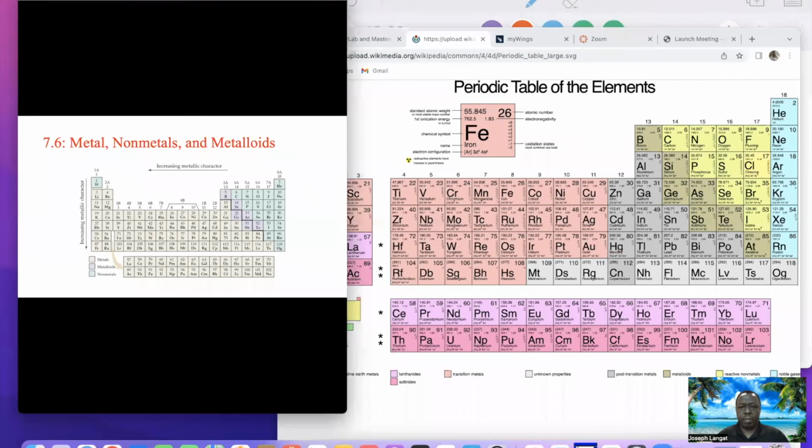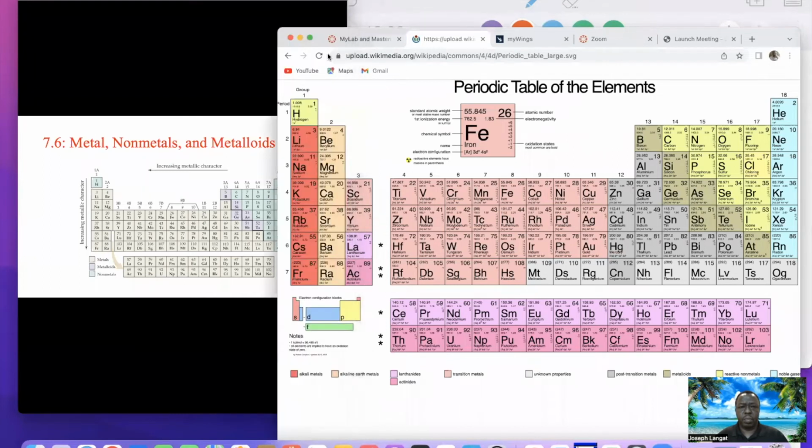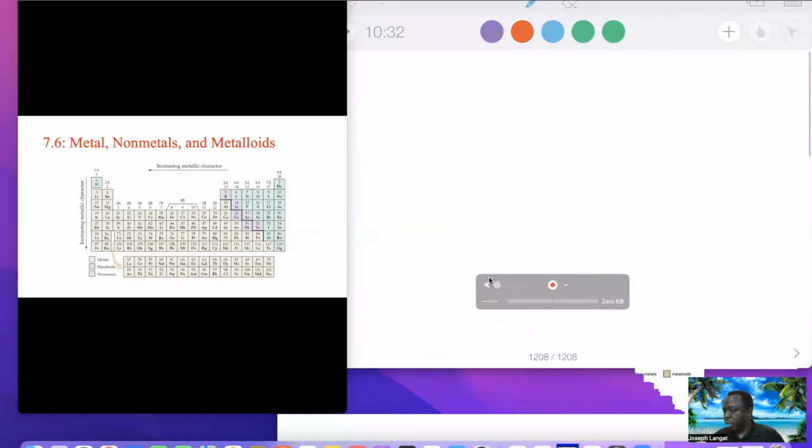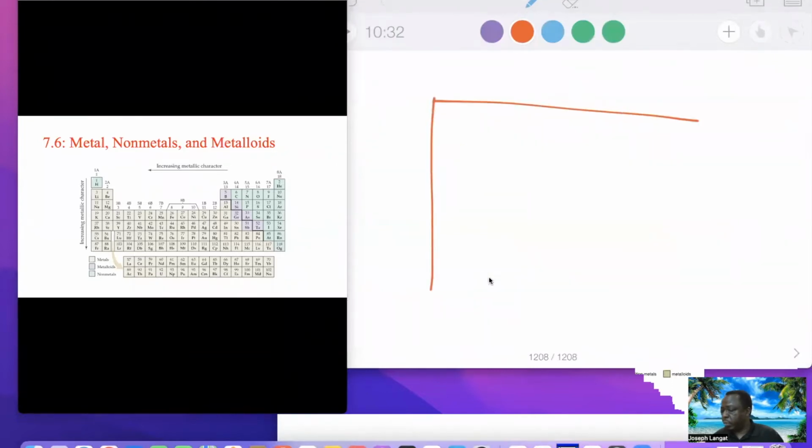Let me minimize this so that I have my whiteboard. Metallic character here, this is the periodic table, decreases as you go from left to right on the periodic table. Metallic character decreases going across, but it increases on this side.